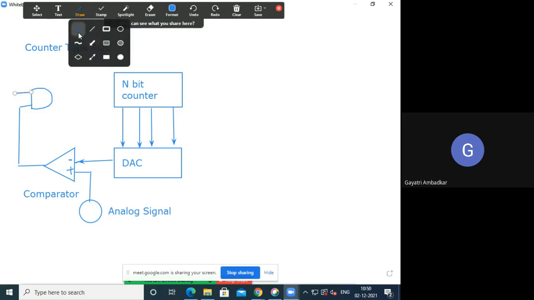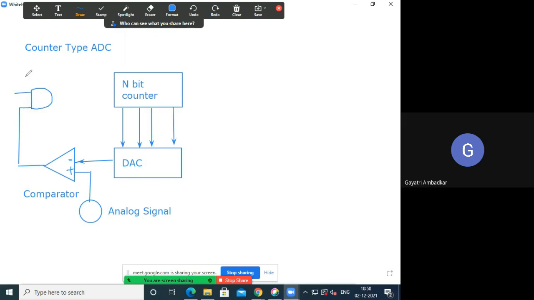So here it is providing a clock. At one end of this AND gate what is provided is a clock. You are familiar with clock pulses? So this is an AND gate. To this AND gate, at one end we are providing the clock, and at the other end we are providing the output of the comparator. And this we are giving as input to our n-bit counter.